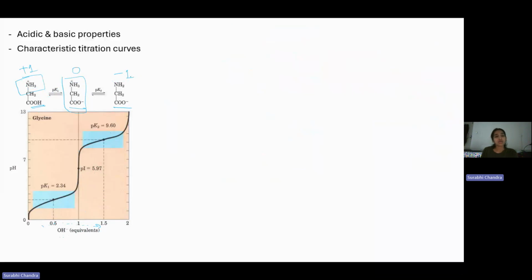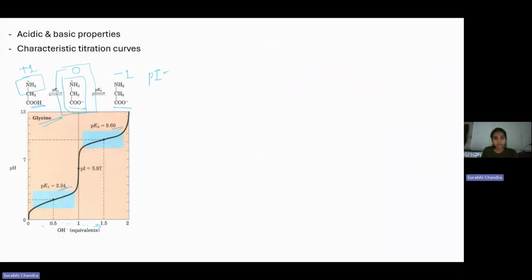The pK1 value is 2.34 and the pK2 value is 9.60. From these two values we can find the pH at which this amino acid, glycine in this case, exists as a neutrally charged amino acid.